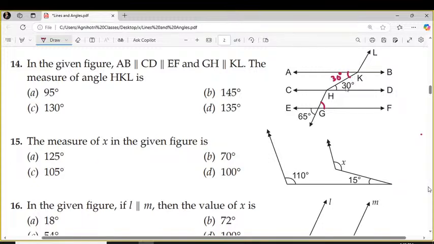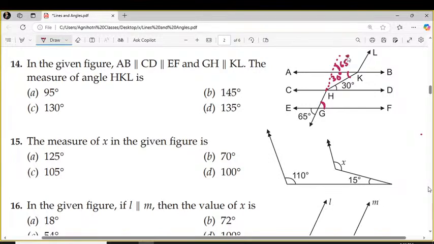And they all are parallel. H, K and L. Actually these two are, as they are parallel, that's why this angle G and this angle need to be the same.